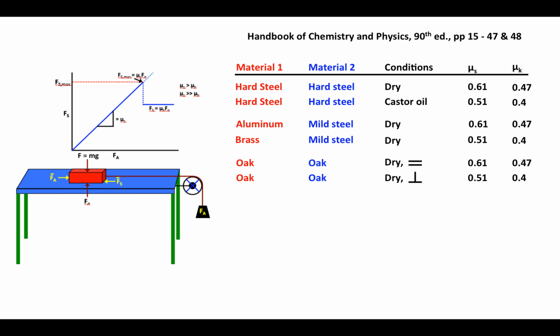This next one's particularly interesting because in both cases we have oak wood on oak wood under dry conditions, but the first one here, the grains are parallel, and in the second one, the grains are perpendicular, and that means that the intimacy of the contact between the two boards will be less, and the coefficients are less with the perpendicular configuration. And lastly, we have glass on glass and glass on nickel. So you see there are many variables in the results.